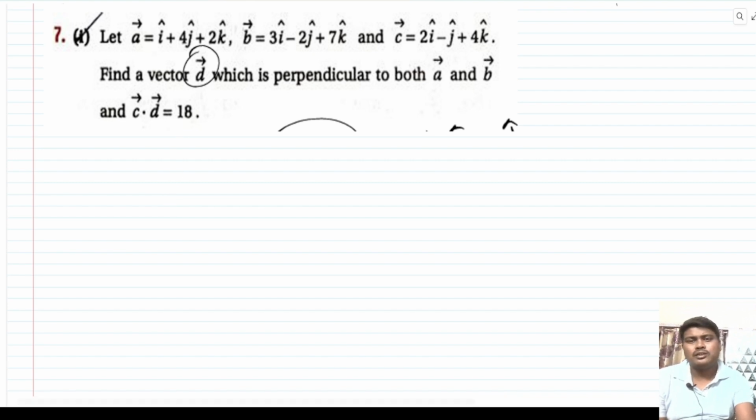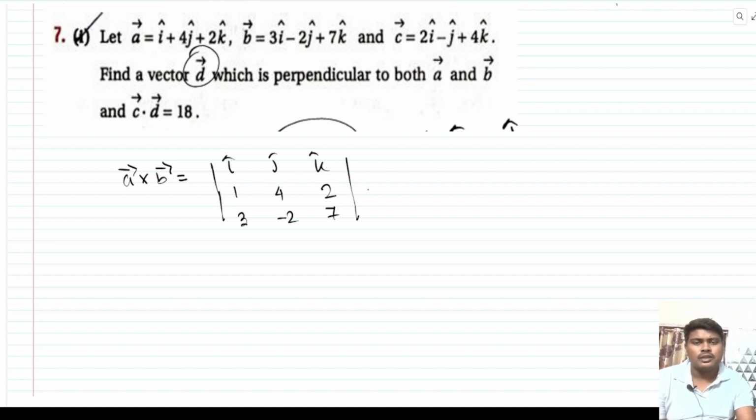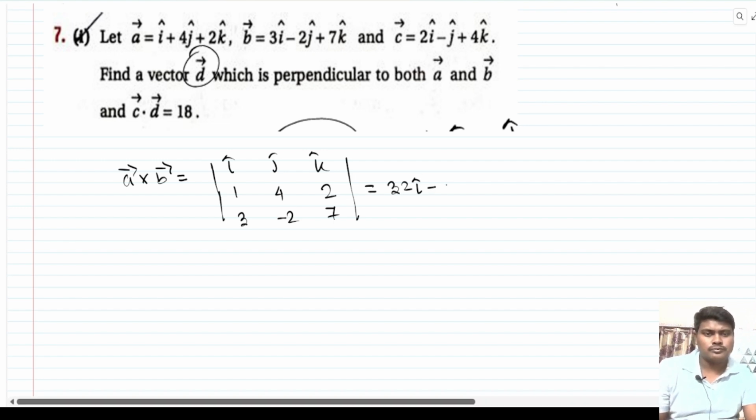So first of all, we evaluate a cross b. A cross b equals the determinant with i cap, j cap, k cap, then 1, 4, 2, 3, minus 2, 7. Now we expand this determinant with respect to the first row: 32 i cap minus j cap minus 14 k cap.